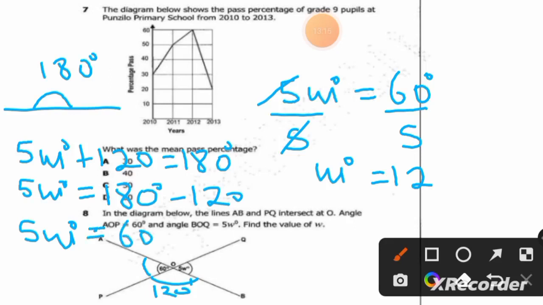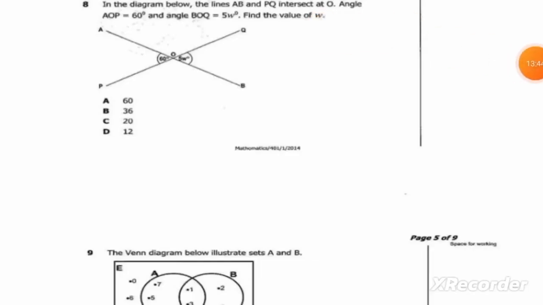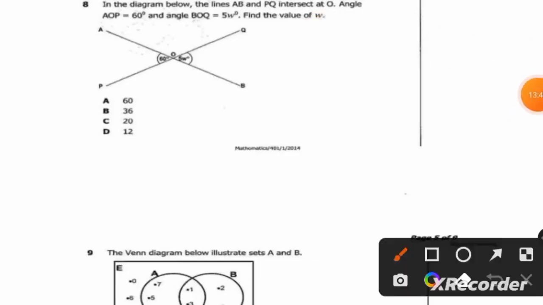We are going to have 60. So here divide by 5, even here divide by 5. So W degrees is equal to 60 divided by 5, which is equal to 12 degrees. So as we can see, we are still getting the same answer. So therefore, our correct answer on question 8 is D.